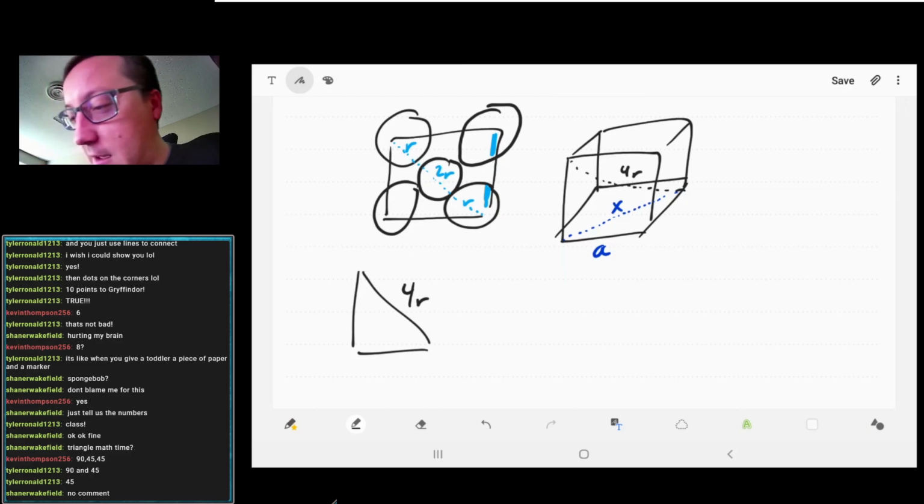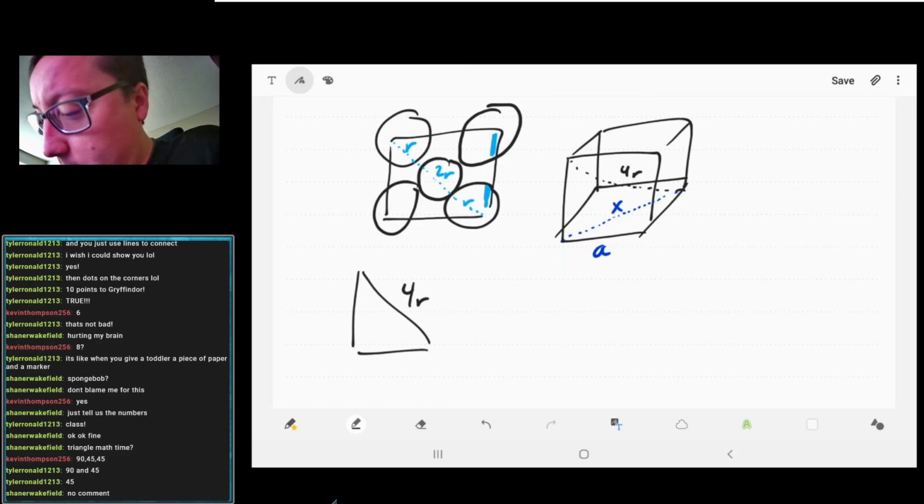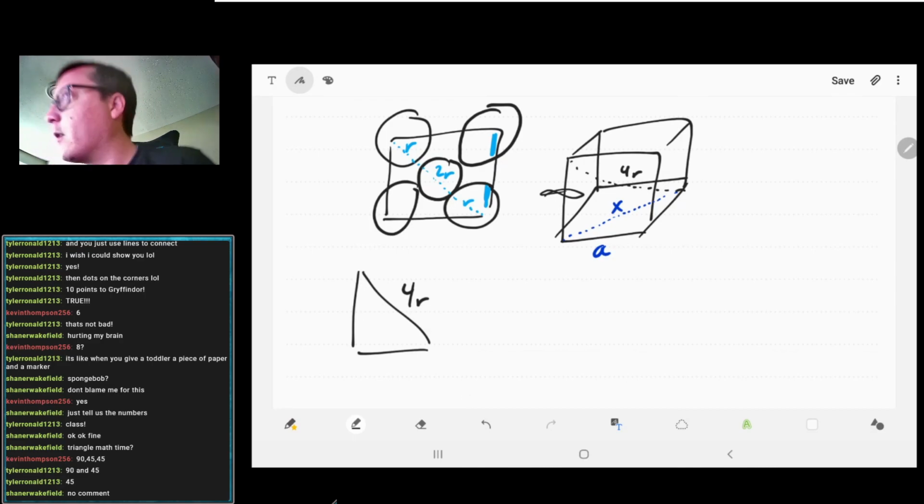Okay, we'll figure this out. This must not be right over here, because we don't know that angle yet. Let's see if we can find an image of the body-centered cubic cell edge length that shows me the right triangle.